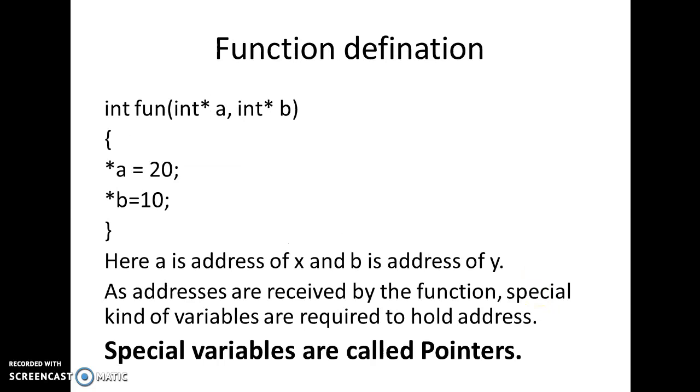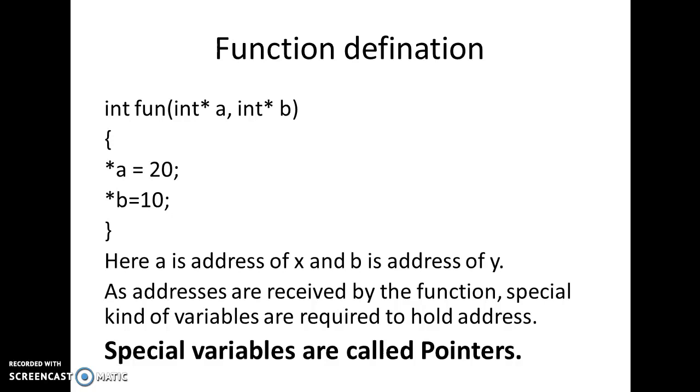In the function definition, the changes are required as per the addresses. So here A is the address of x and B is the address of y. If we use ordinary variables to store these addresses, they will not be sufficient to hold the addresses.